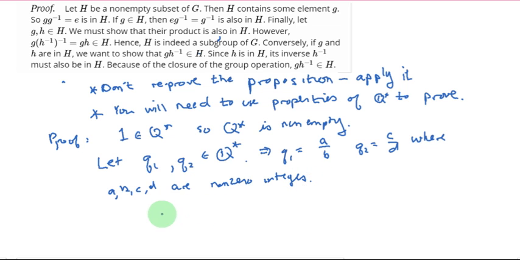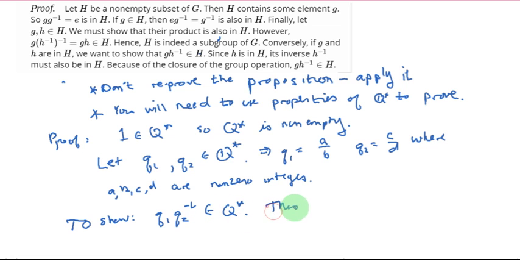Okay. All right, now what I need to show is that q1 q2 inverse is also in Q star. That's what I need to show. And once I show this, my proof is finished.